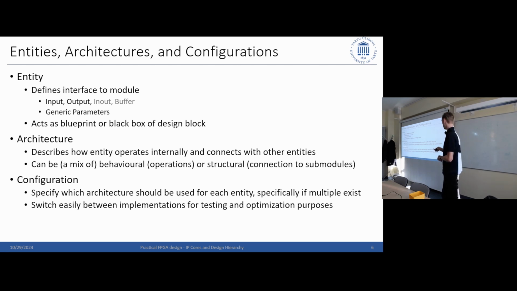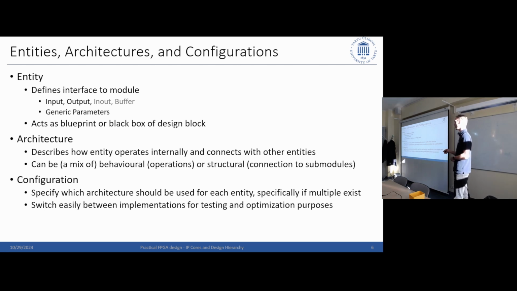I'm going to show how these things connect a bit later. Configuration: last time I had a question whether you can have multiple architectures per entity, because you give them a name. When you can name them, you can obviously have more of them. The question was, how do you select it?